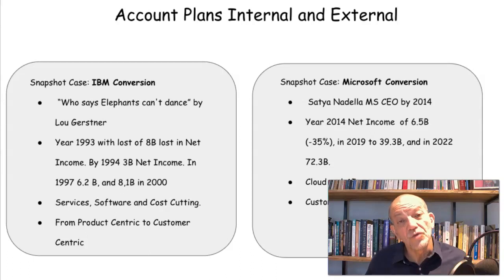And in order to do that, he moved away from hardware into a company dedicated to services and software. So they became top system integrators in the world, and they also became a strategic company with regard to artificial intelligence, with the Watson solution, and so on and so forth. So he did a big transformation.